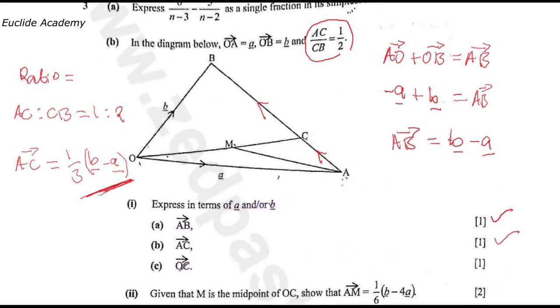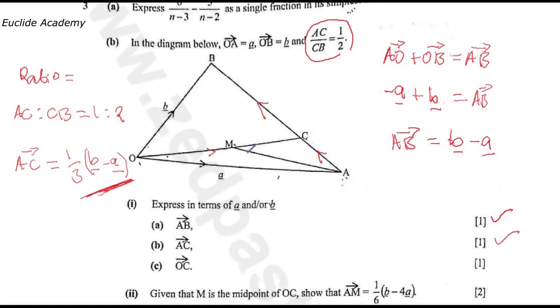Express in terms of A and B the vector OC. So the vector OC, it is this one right here. Now that we have the vector, you can see that we can complete the triangle from O going all the way to A, from A going all the way to C. So by completing the triangle, we can just use this one here.